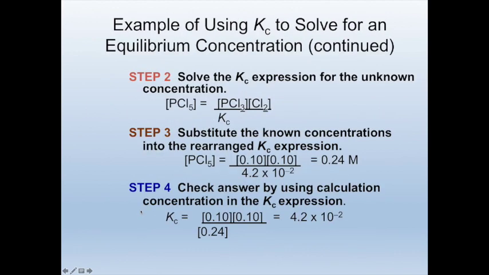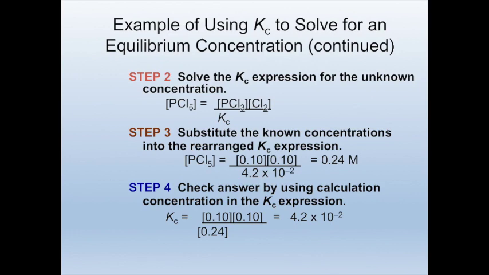Now we have to rearrange our expression to solve for the concentration of phosphorus pentachloride. So all we have to do in this case is divide by the equilibrium constant and multiply by phosphorus pentachloride, and substitute our known concentrations into the rearranged expression. So 0.1 times 0.1 molar divided by 4.2 times 10 to the minus 2 is equal to 0.24 molar of phosphorus pentachloride.